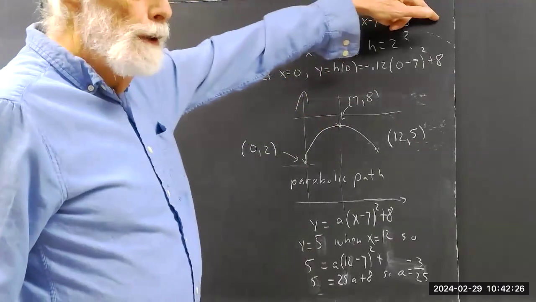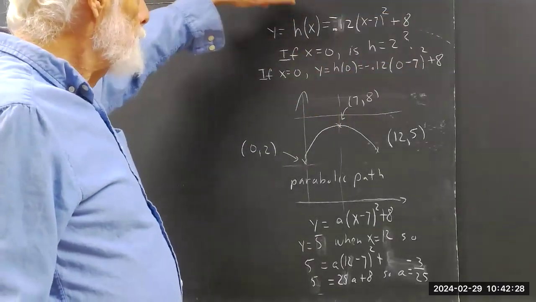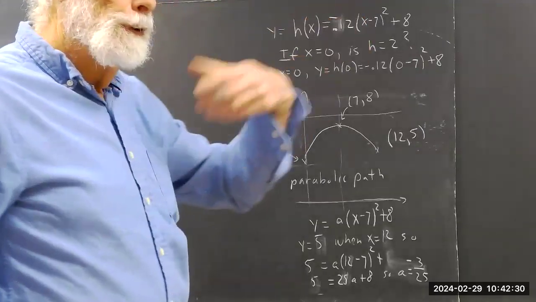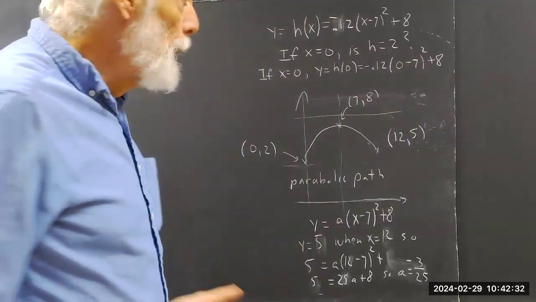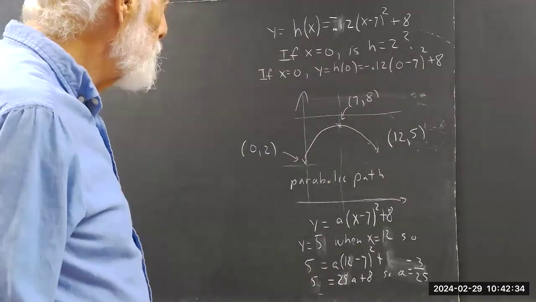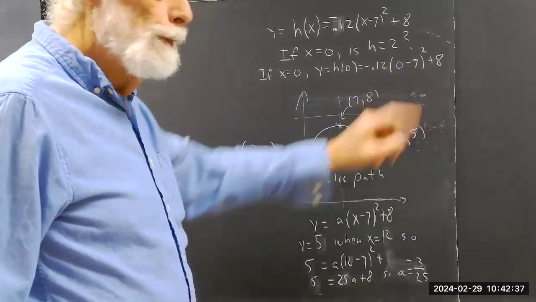You take this whole equation, this whole definition, and replace x by 0, just as you do with a composite function, but this isn't a composite. You do this, and then you evaluate this.